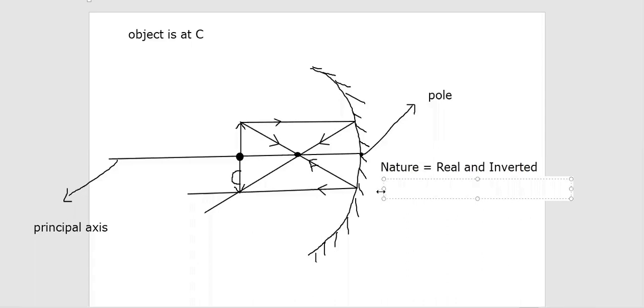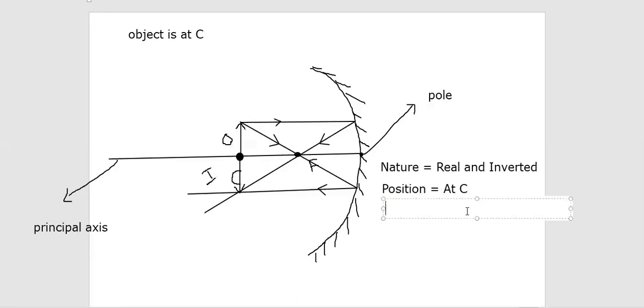Position of the image is at C. At C image is formed. In the diagram you can see this is object and this is image. So image is forming at C.